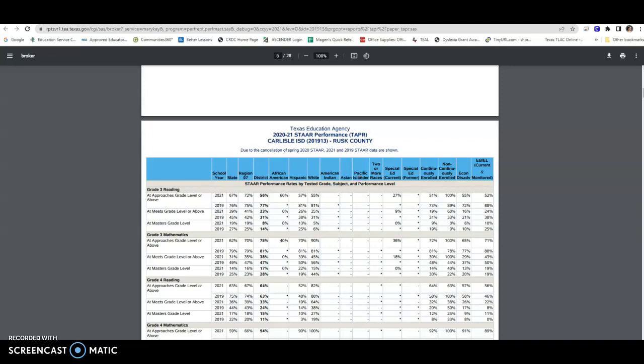The data shows at what level the majority of students are performing and gives a springboard to dig deeper into the roots. For example, if you look at grade 3 reading, the state's performance is at 67, the district at 56. This shows that we as a district are underperforming at this performance level.